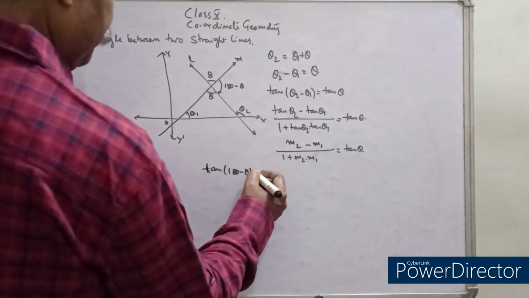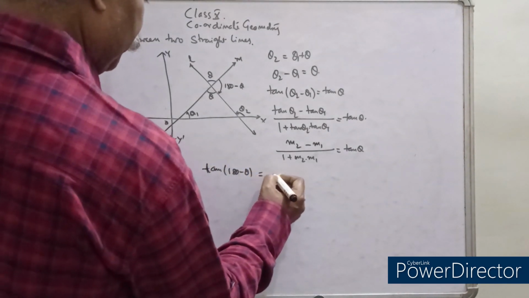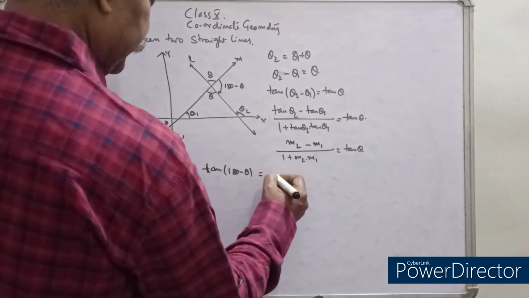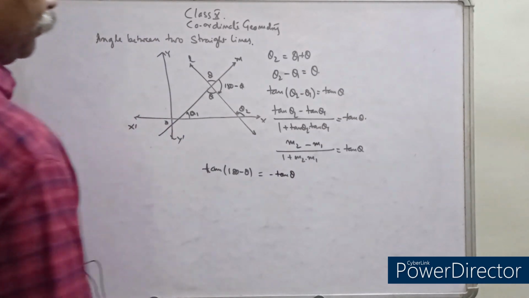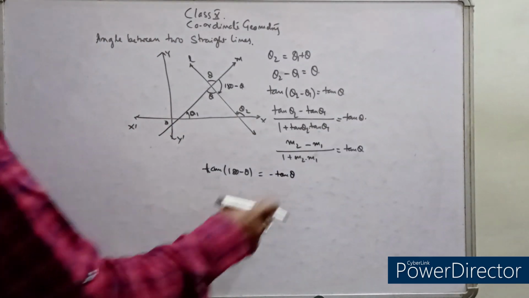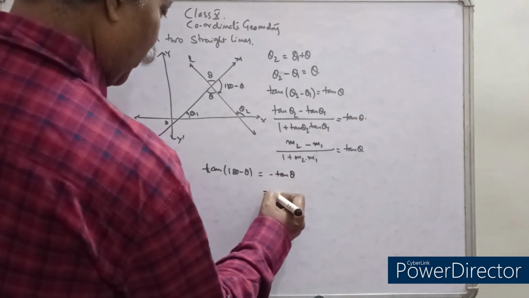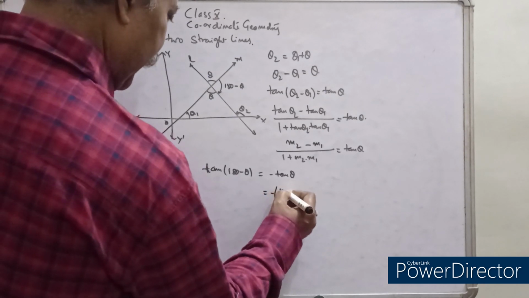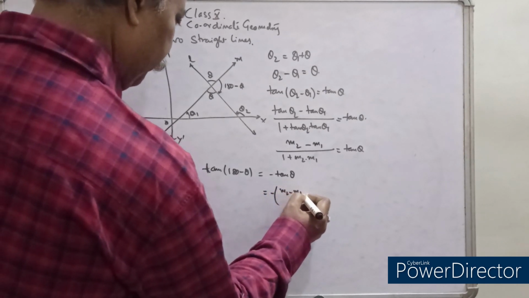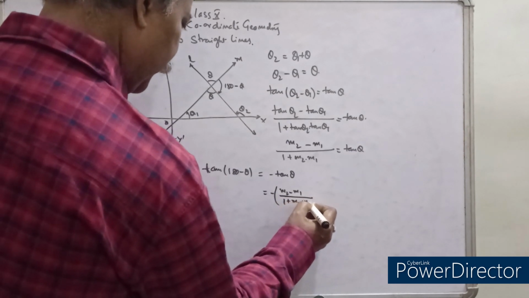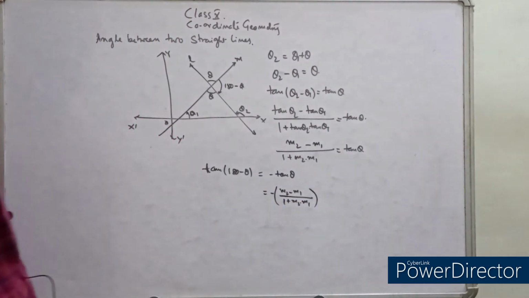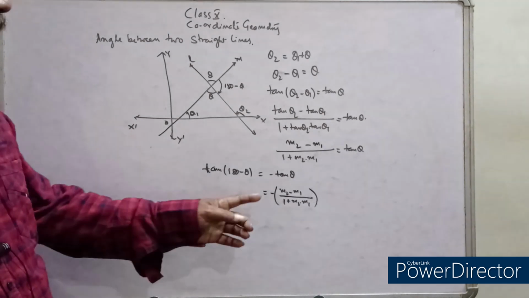This will be equal to minus tan theta. We know the value of tan theta, so this comes out to be minus (m2 minus m1) by (1 plus m2 into m1).